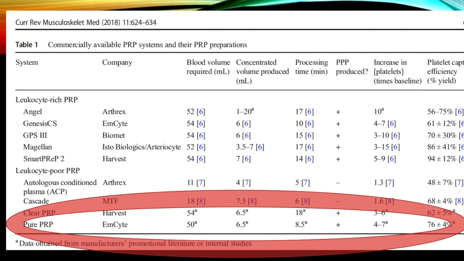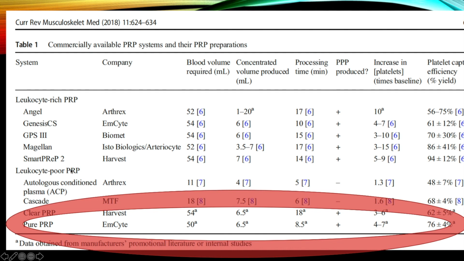So here's an example of why our company recommends MSite, and here's why. This study looked at a comparison of a lot of different systems, and leukocyte poor would be those that have a second spin capability.